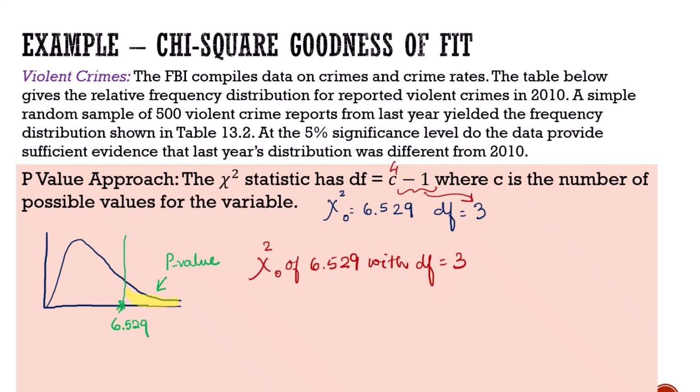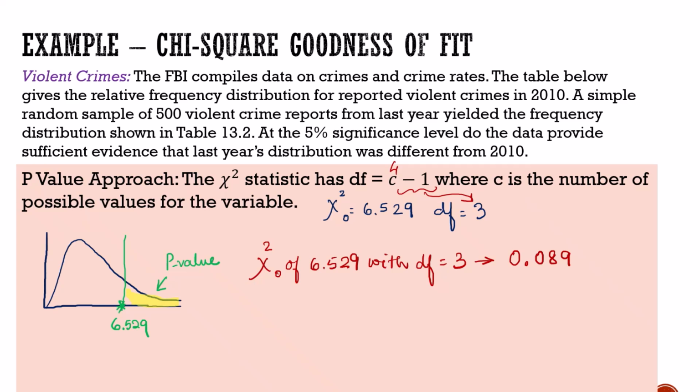And if you use a statistical tool, you can get the exact p-value, and in this case it's 0.089 rounded to the third decimal place. If you're using the table, you will be estimating the p-value, which I will show you, but the exact p-value is 0.089.